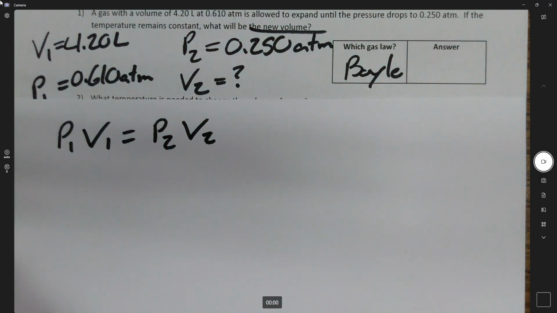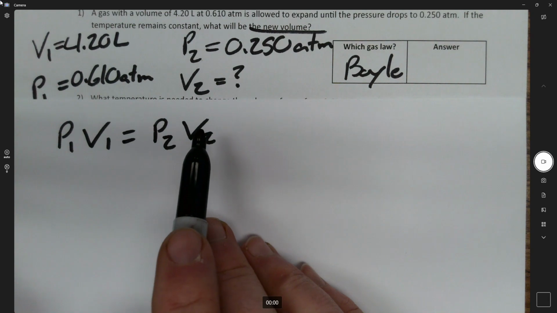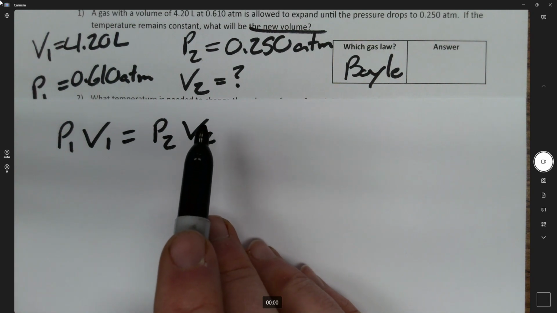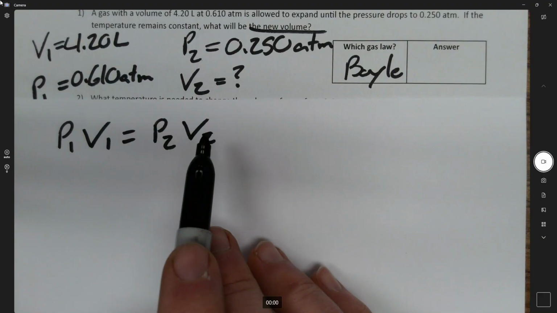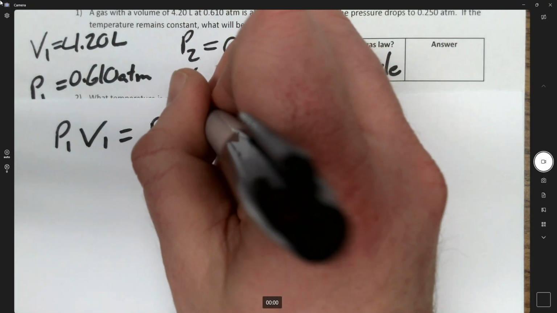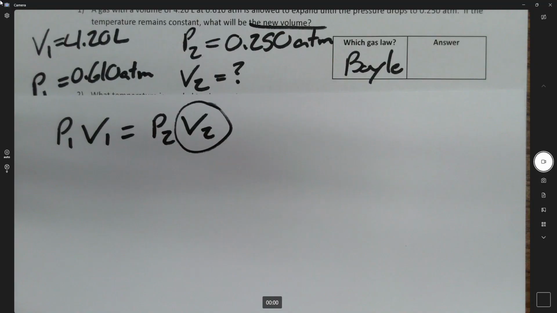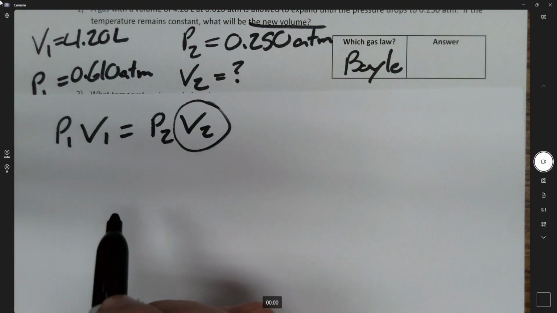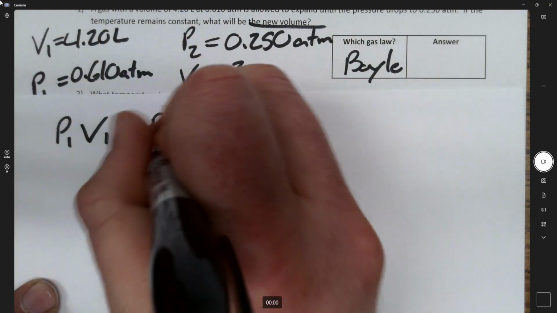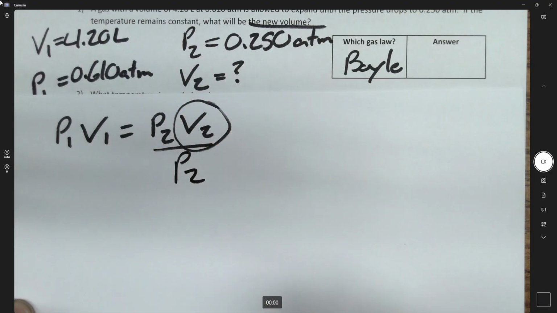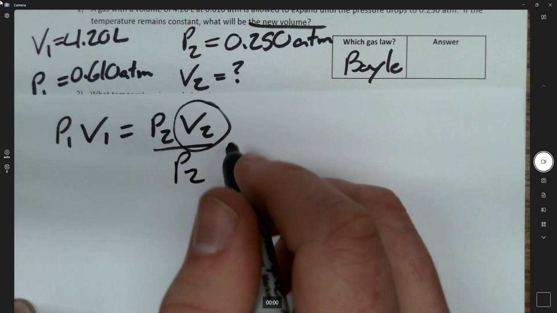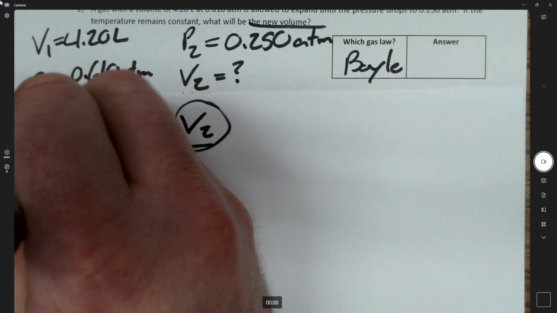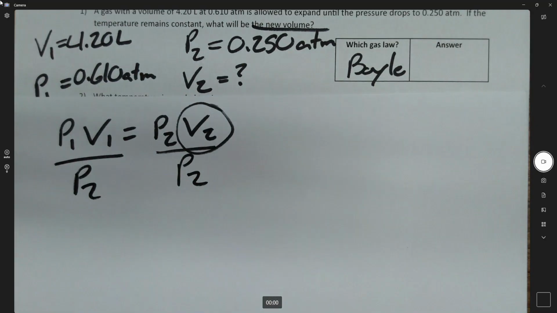Now, I need to get V2 by itself. I need to isolate V2. We'll circle that because that's what I want. And I need to get rid of everything next to it. How can I get rid of P2? I'm going to divide by P2. Now remember, whatever I do to one side of my equation, I have to do to the other side of my equation.